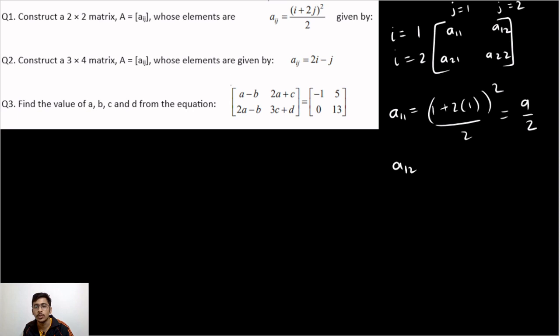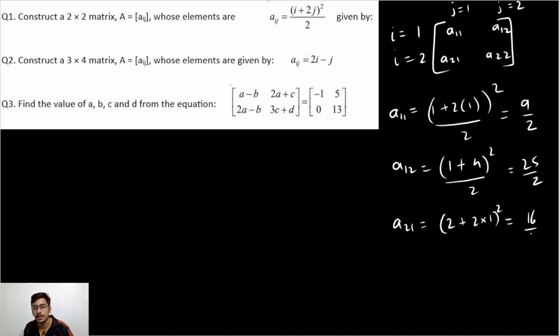Similarly, what is A12? It's simply (1 plus 4) whole square by 2, which is 5 square by 2, which is 25 by 2. A21 is nothing but (2 plus 2 into 1) whole square, which is 4 square, which is 16 by 2, which is nothing but 8. And A22, what is A22?